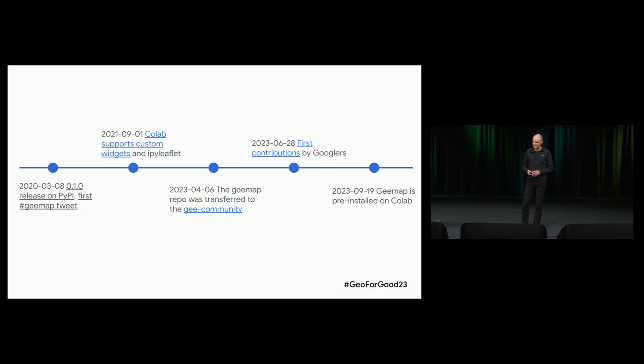But developments with Colab allowing ipyleaflet or custom widgets in 2021, I think was a real game changer. It made it possible to include a map interface that had interactivity.